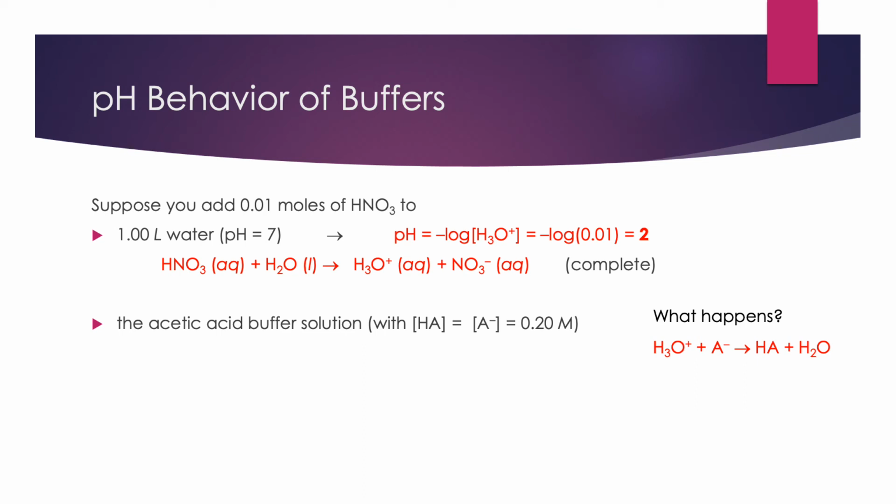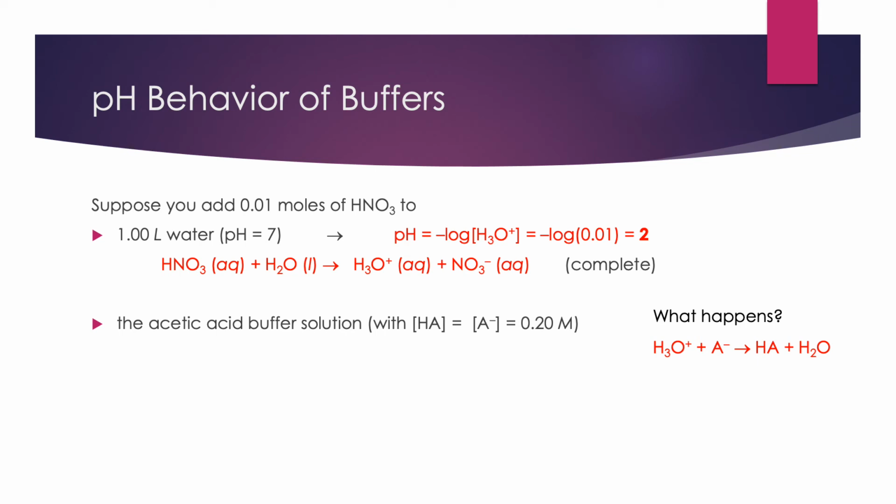So we're going to be depleting the A minus by a little bit and adding to the HA a little bit. Okay, now both of those are starting at 0.2 molar. So if I'm adding 0.01 moles of nitric acid in a liter of this, I'm going to basically convert 0.01 molar of the acetate ions, the A minus ions, into HA.